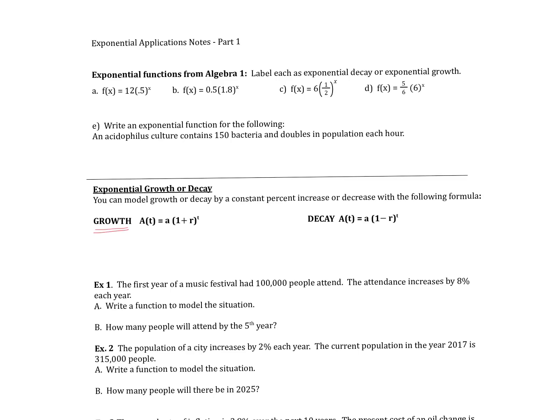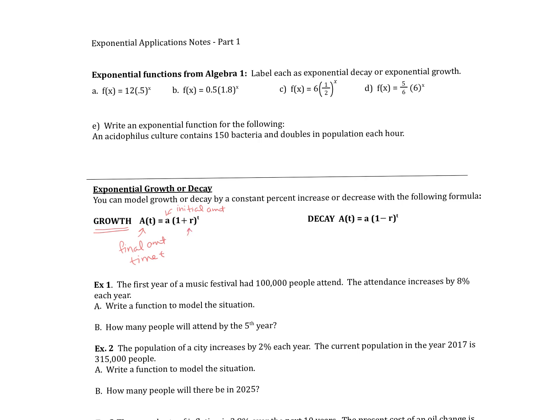If I'm looking at an item growing exponentially, A of t would be my final amount at some time t in the future. This A, lowercase a, is my initial amount of the item that I had at the very beginning. And if it's growth, it will be a rate that's over 1.